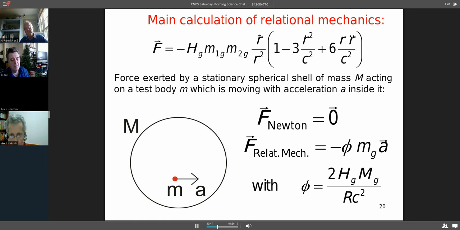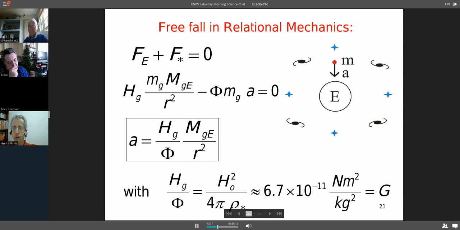The dimensionless constant, lowercase phi, this Greek letter phi, depends on the mass of the shell, on the radius of the shell, and on the light velocity. This term comes from Newton's law. Okay, now that I have this result, I can go to free fall in relational mechanics.